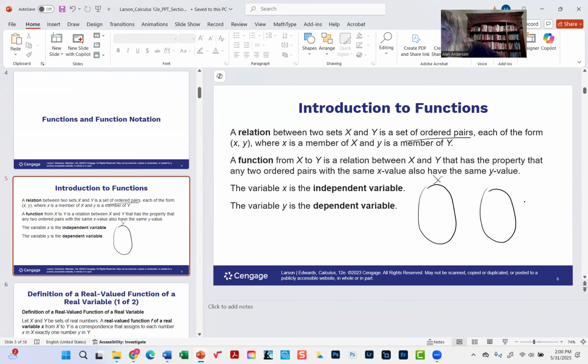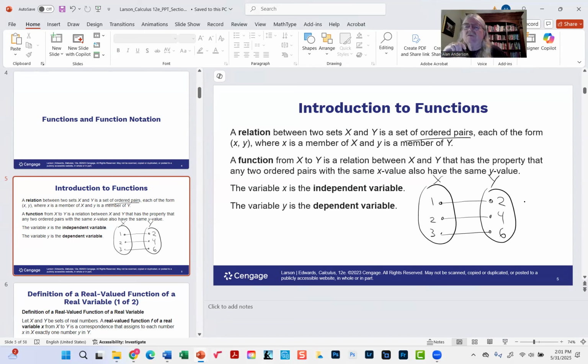Let's say we have a very simple case. The domain of x is simply 1, 2, and 3, and y has a domain of, let's say, 2, 4, and 6. So clearly this is a function. Each x is associated with one and only one y.